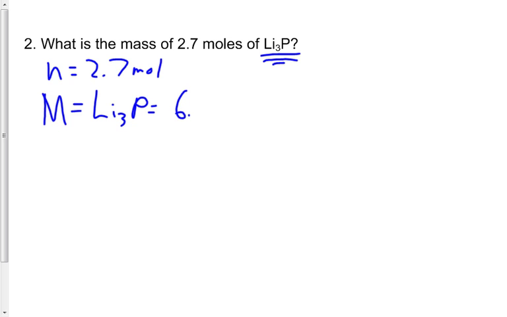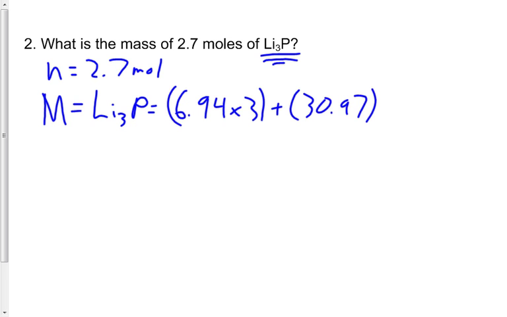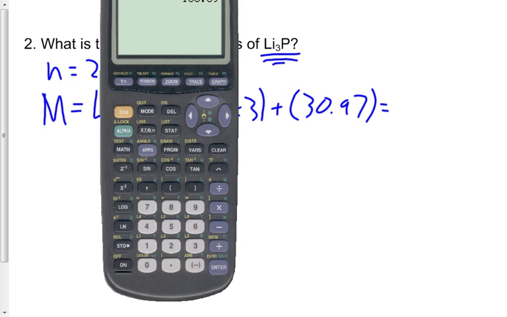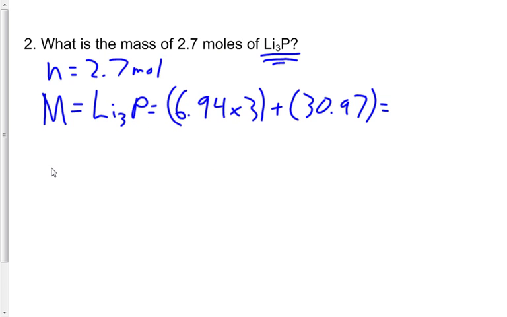So we got 6.94 times 3, plus 30.97. So 51.79 grams per mole.